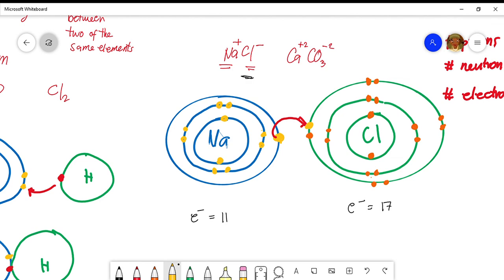So this is how it looks when, since sodium is positive, this positive atom or element donates to the negatively charged atom. So chlorine receives while Na donates. This is how the transfer looks. Together, this is called sodium chloride.